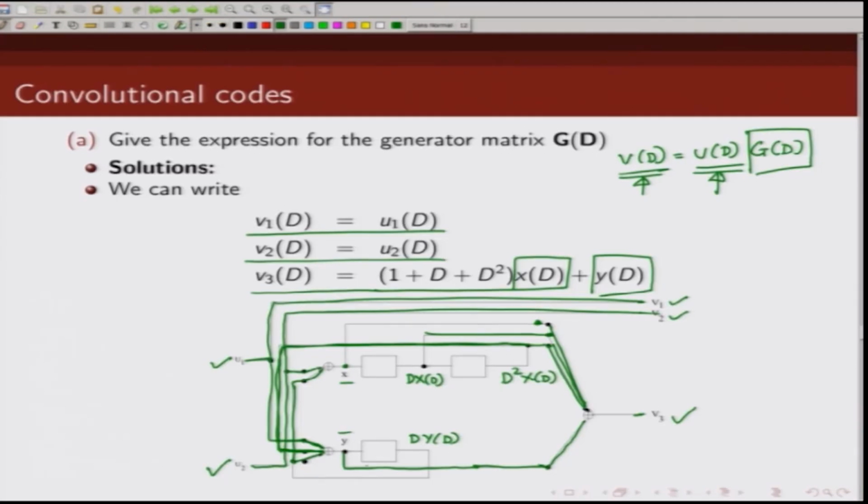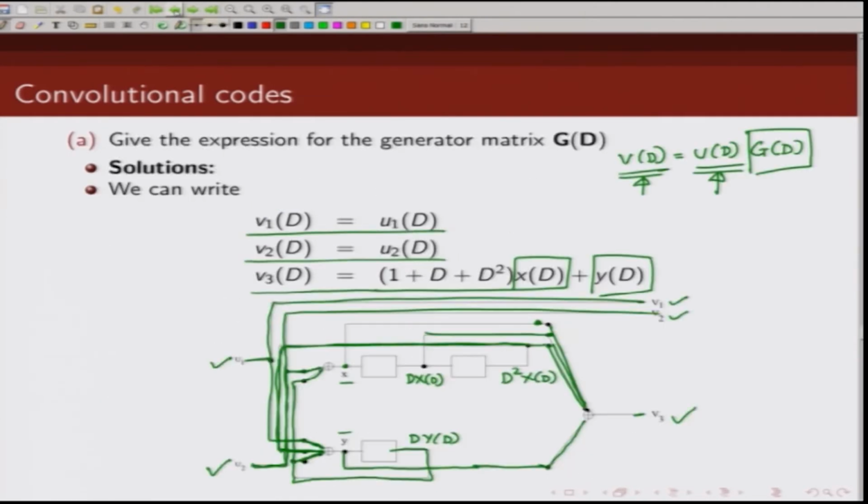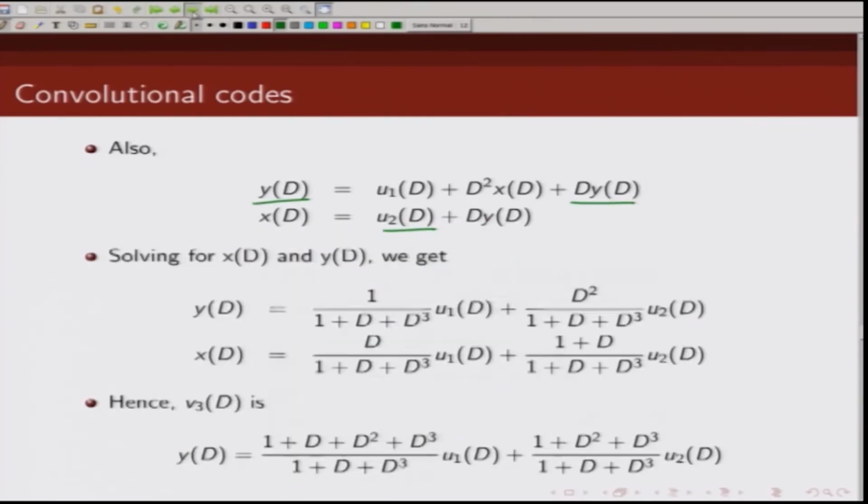So, d times y of d. Note here the third input here is this one, which is d times y of d. Similarly, x of d: the first one is this term, which is u of d. So, this is u of d, and the second term is this term, which is d times y of d, this one.